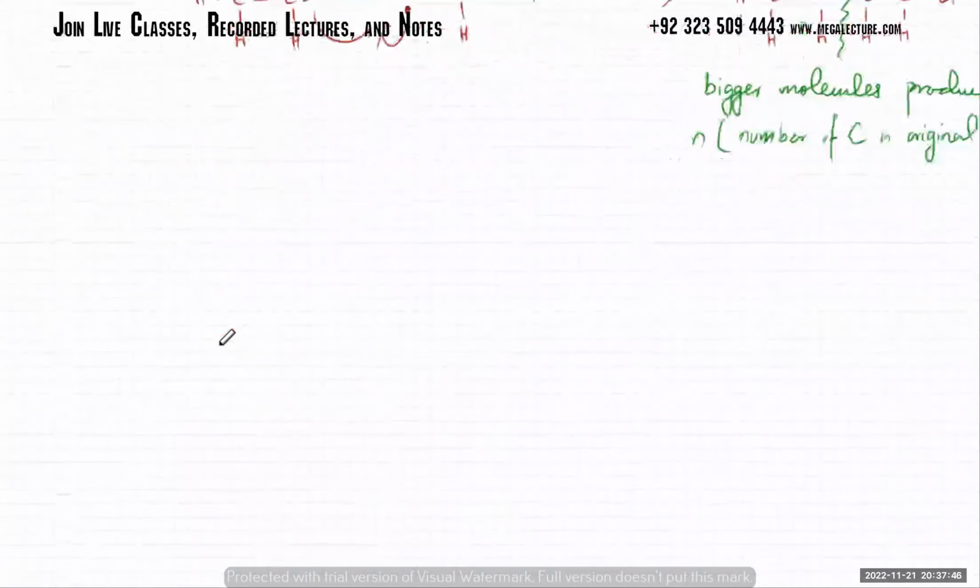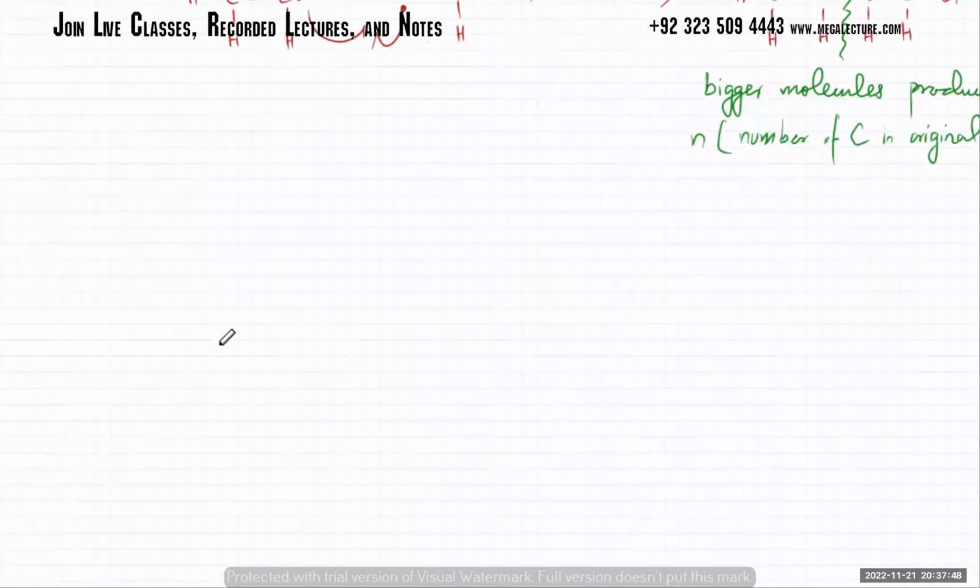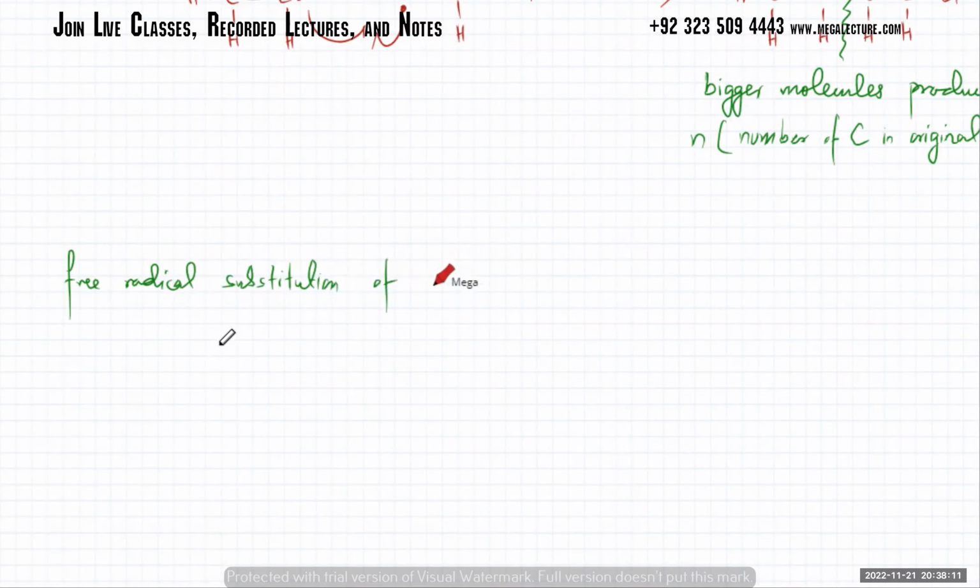अच्छा, एक question है, ठीक है? एक simple question. Let's say we started off with, अच्छा, let's say free radical substitution. So we've got free radical substitution of let's say propane.